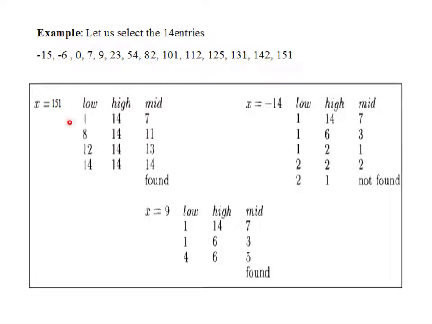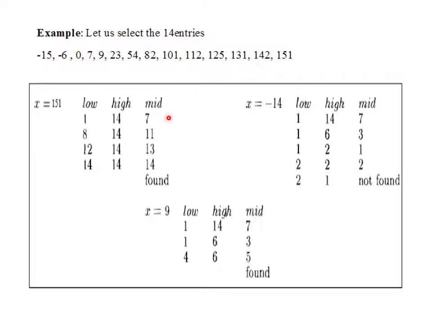In the next iteration we check x with the mid item, 151, and this is not the same item. Then we check whether x is less than 142, and this condition is also false. Again, x is greater than 142, so 151 is greater than 142.